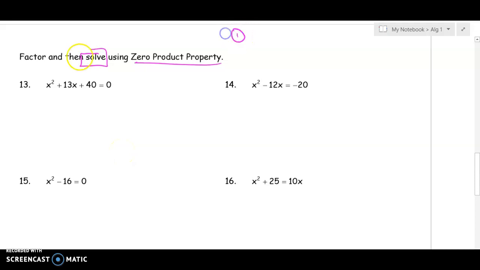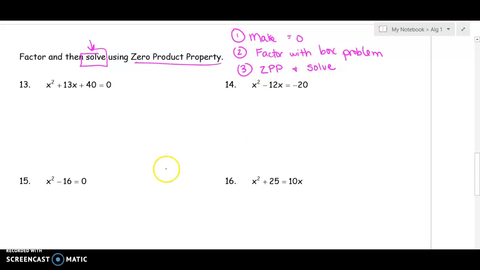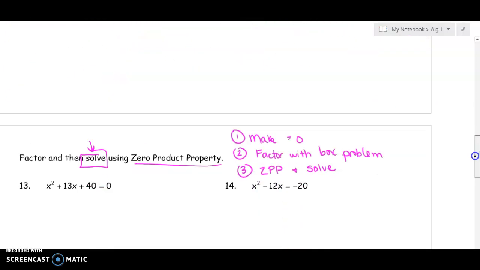So the steps for when you see solve in the directions: you're going to make sure that it's equal to 0. And then the second step is you're going to factor with your box problem. And then you're going to do zero product property, ZPP, and solve. All right, so that's the main difference between this and this.